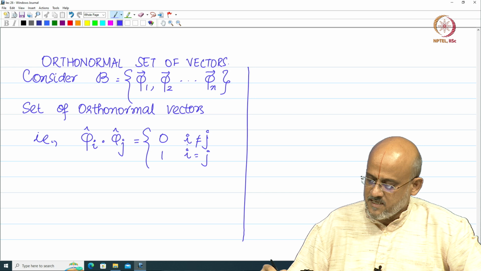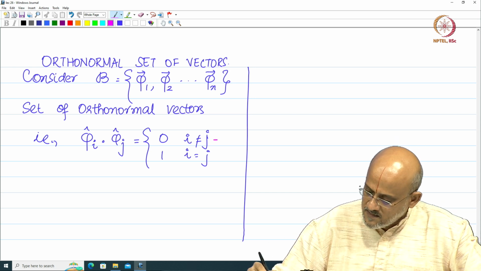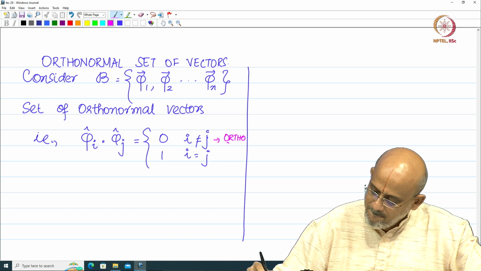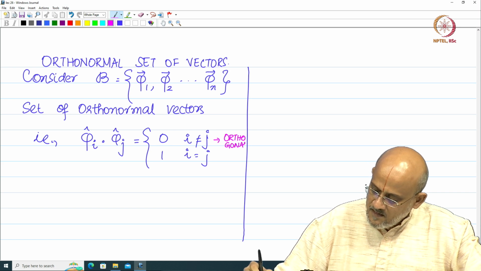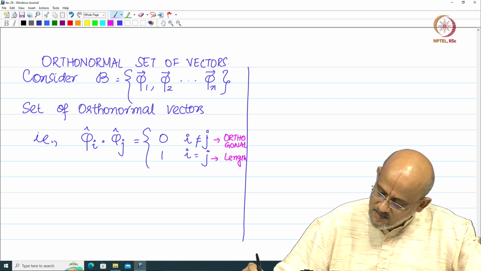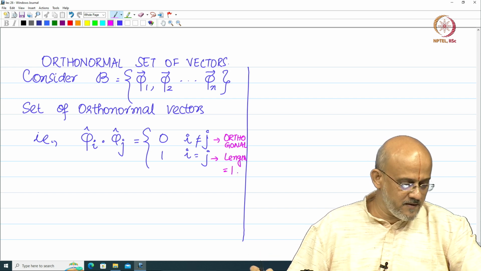The first condition says the vectors are orthogonal. The second says the length of the vector is 1. So we have orthonormal vectors.